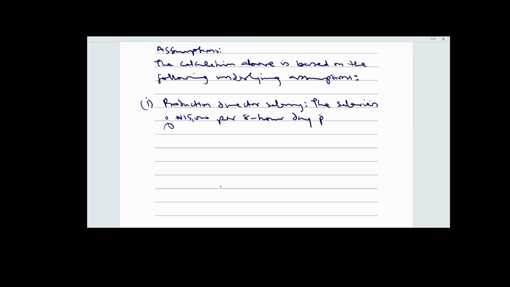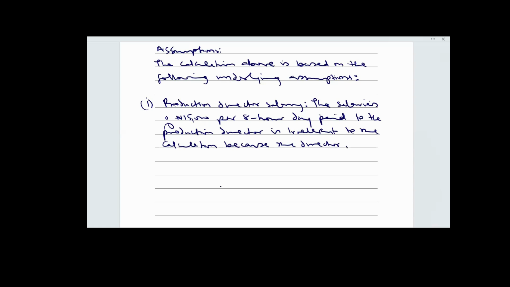paid to the production director is irrelevant to the calculation because the director will be paid irrespective of the decision taken.